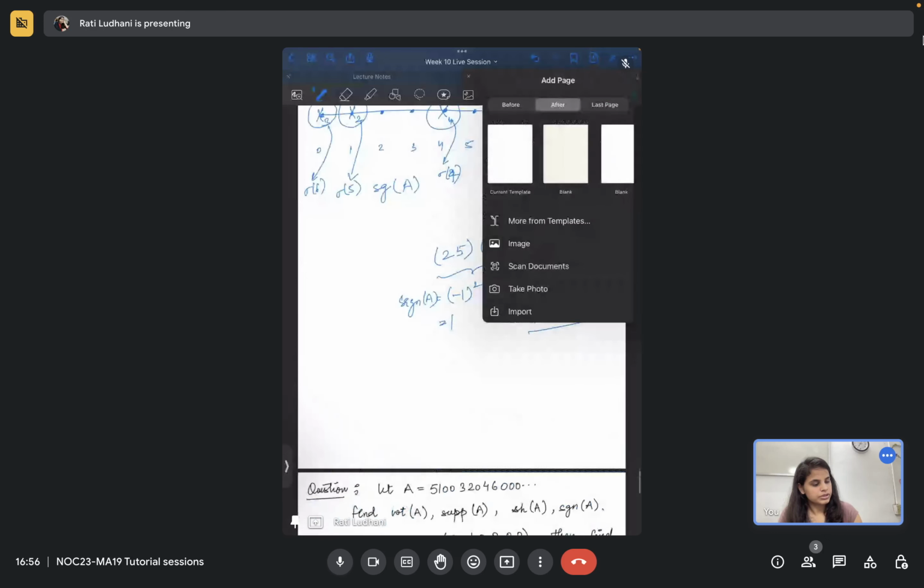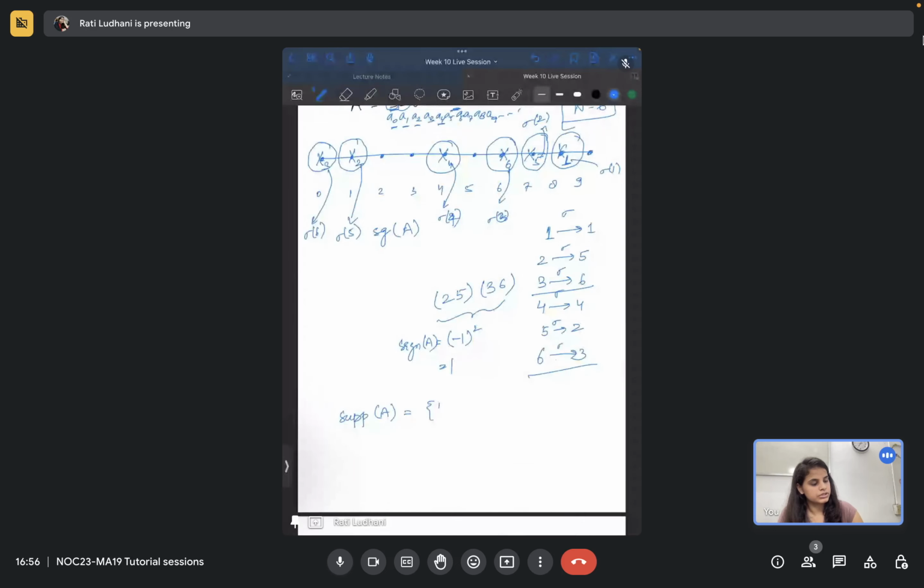Support of A is the set of all those k such that a_k is non-zero. So the positions: this is 0, 1, 4, 6 and 8. k represents the position, the place. So support is fine.